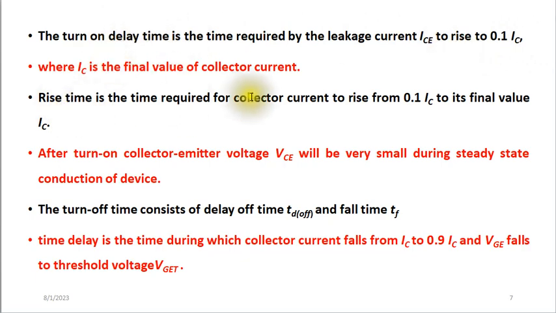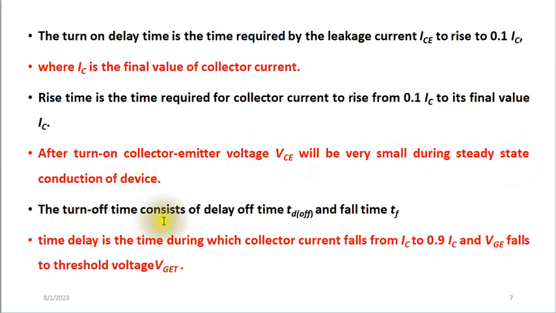And the rise time will be the time to rise from that 10% to its maximum value, which is IC. And after turning on the device, you find that the VCE will be very small. I have already explained this. Whenever you are in steady state conduction, it requires very small voltage between the collector and the emitter.